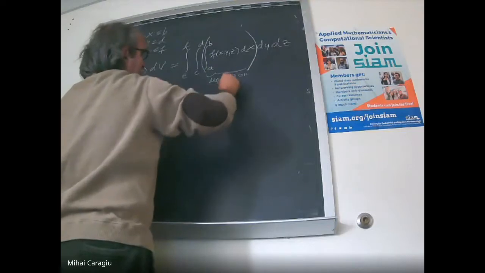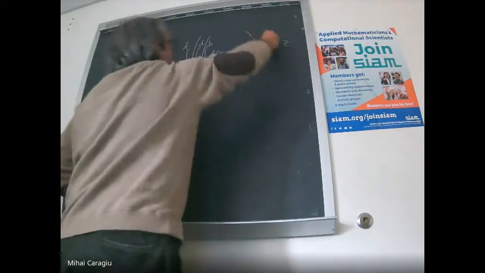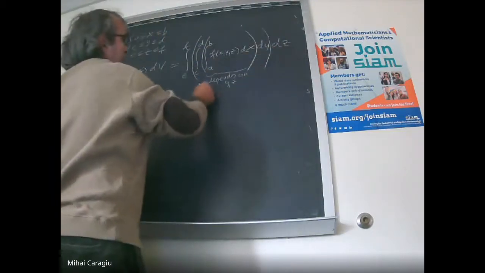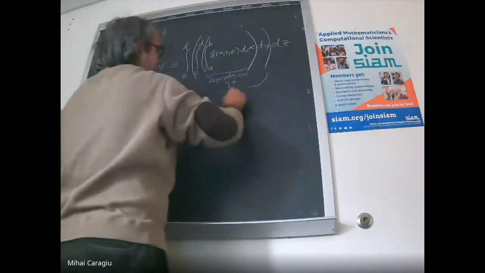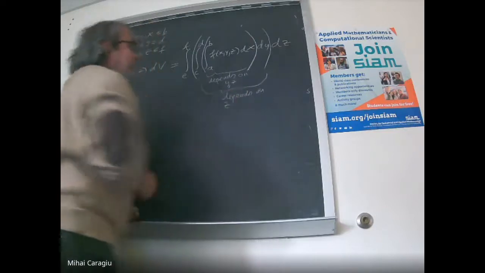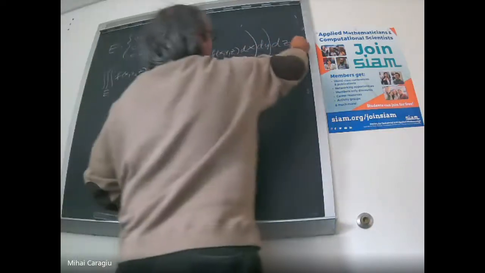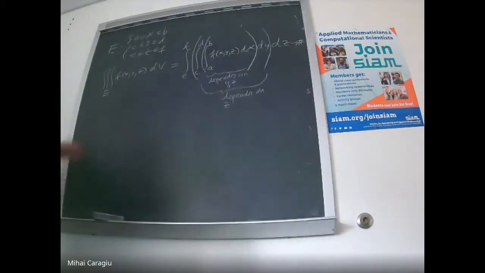Then after we integrate the y variable, it depends on z only. And then finally we integrate the z variable, we get a number, and this number is the triple integral over the box E of the function f of x, y, z.